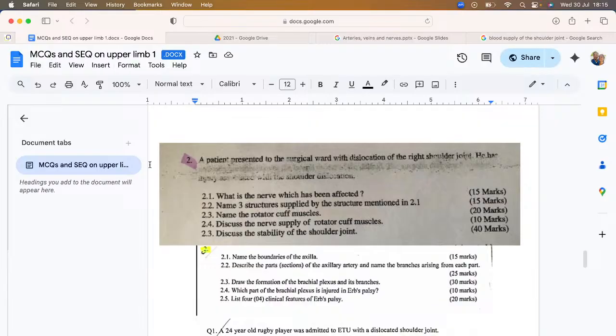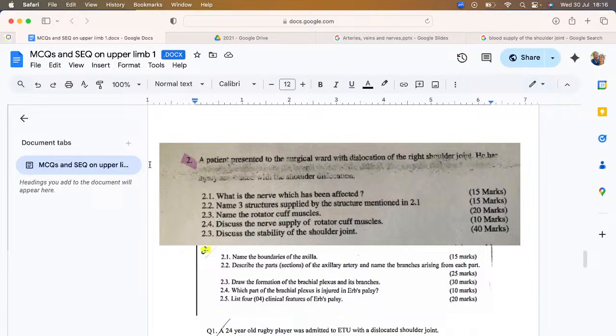So if you write 5 different structures, they will only be looking at the first 3, and they won't even look at the last 2. So make sure that you always write the ones that you think are correct first. They should always be the first 3. If you want to go ahead hoping to get some more marks in case the first 3 that you've written are incorrect, you can write the other ones later.